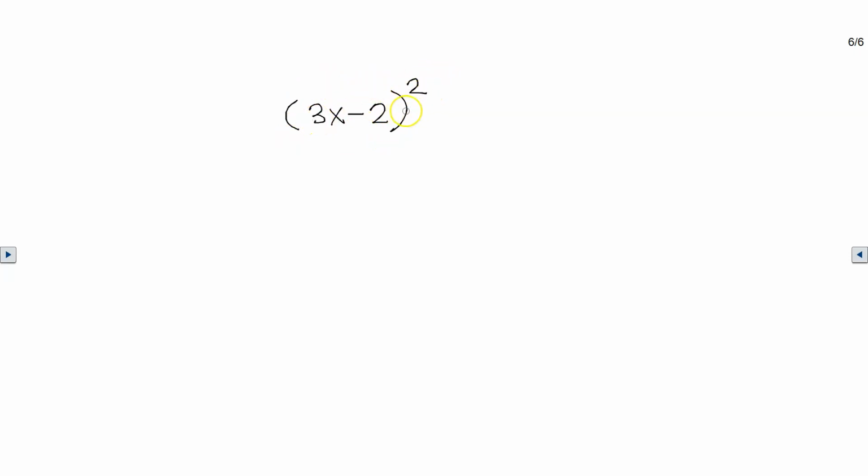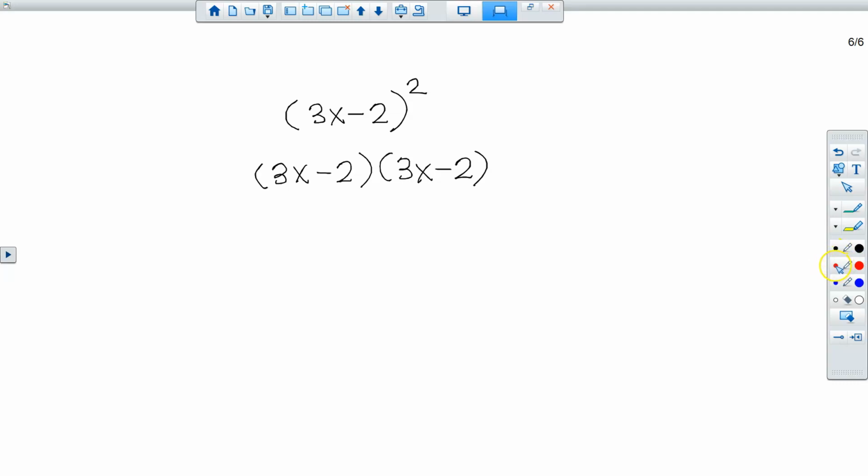So what it's telling me is that 3x minus 2 will be repeated twice in my multiplication problem. So this is really 3x minus 2 times 3x minus 2. And once it's written that way, then we can see that it's just like these other problems that we've done.